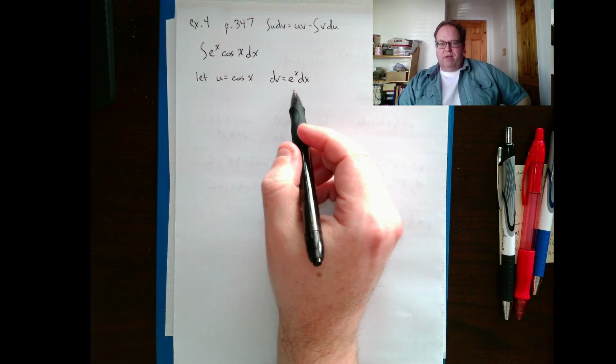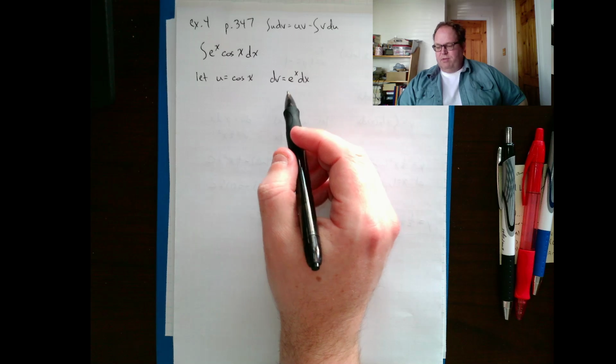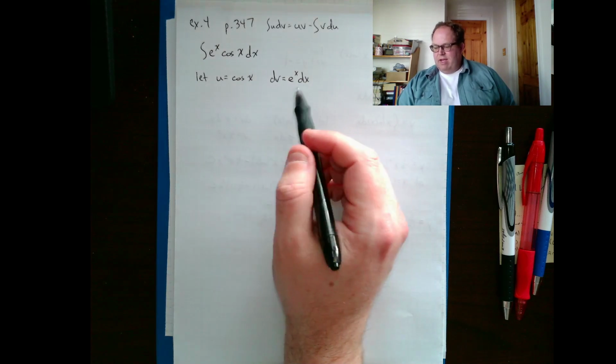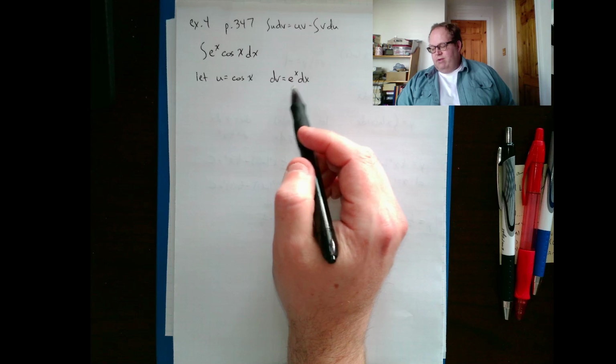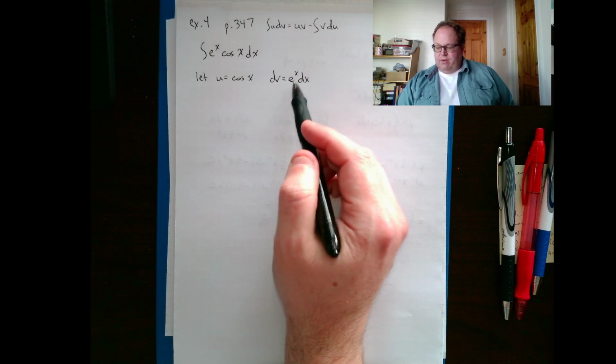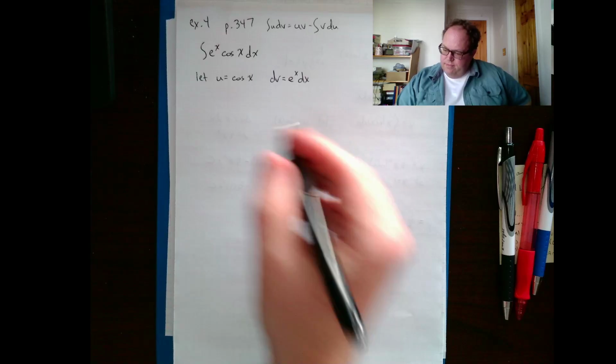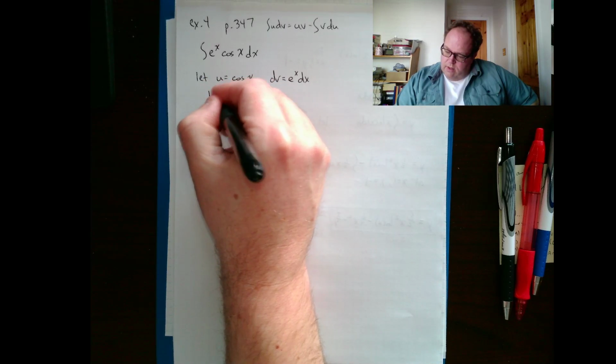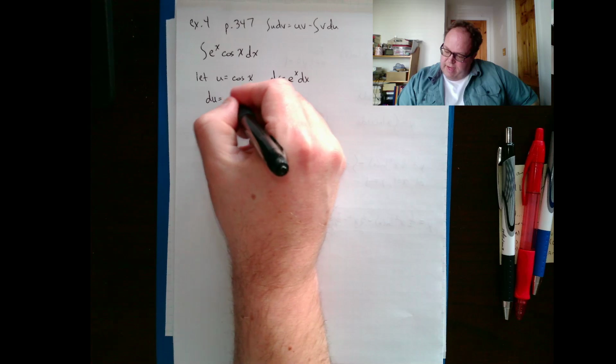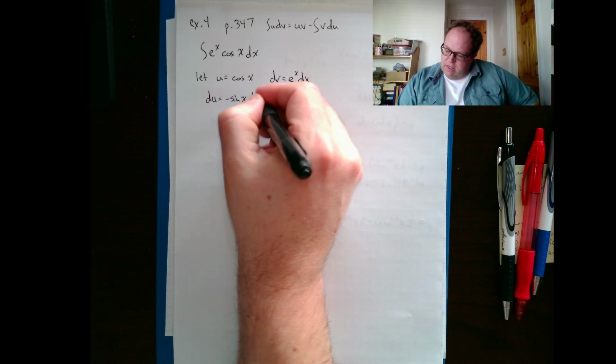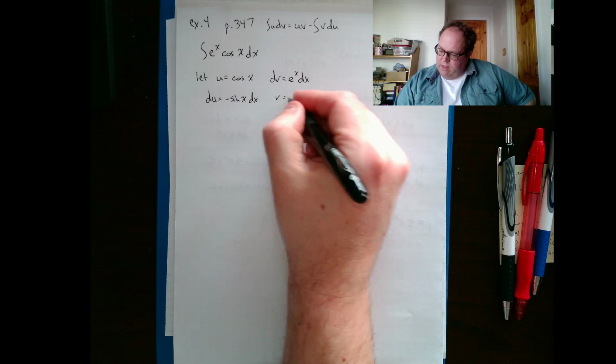I'm going this way because I find it a little bit easier to think about the antiderivative of e to the x than of cosine, because I don't have to worry about changing signs or anything really changing at all. So, derivative of cosine would be negative sine x dx, and v would be e to the x.